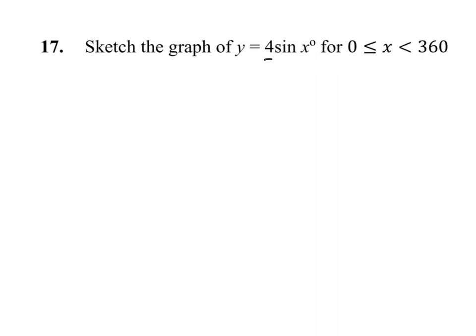So the graph of 4 sine x has a maximum value of 4 and a minimum value of minus 4. We want to draw the graph between 0 and 360 degrees. So here are the 4 important values on the x-axis.